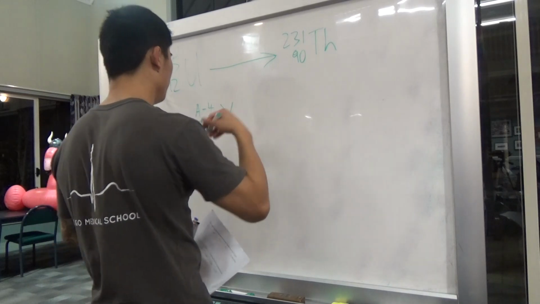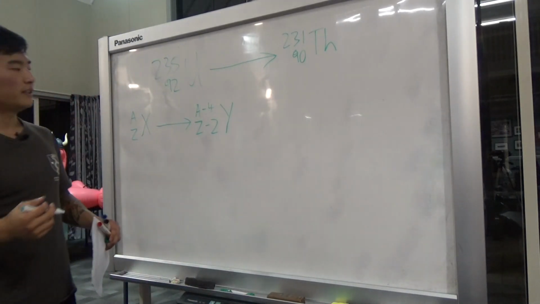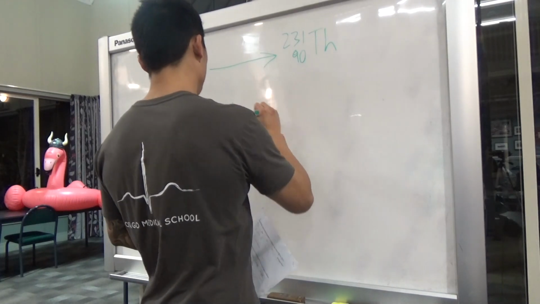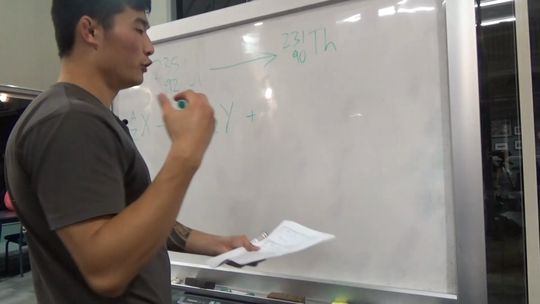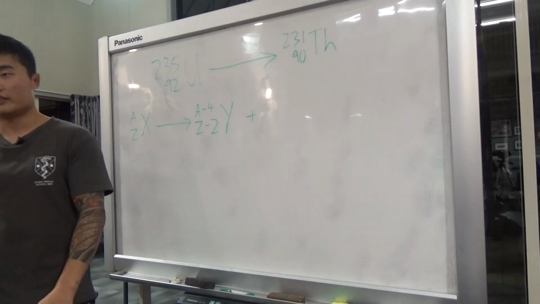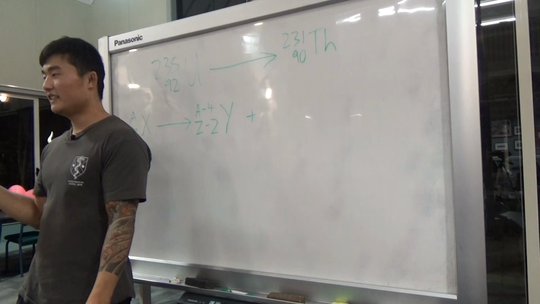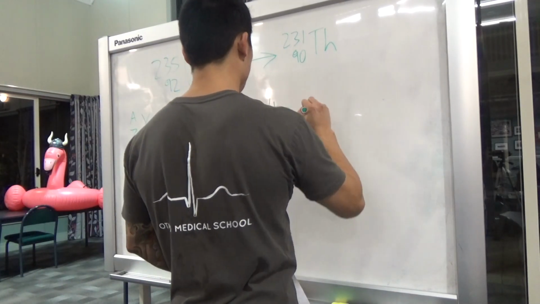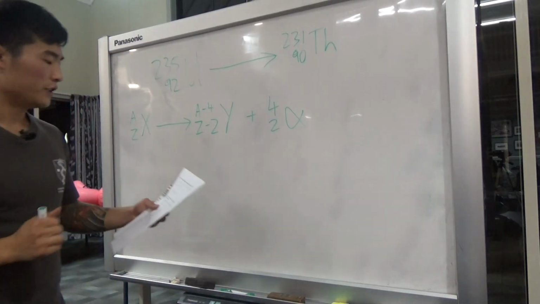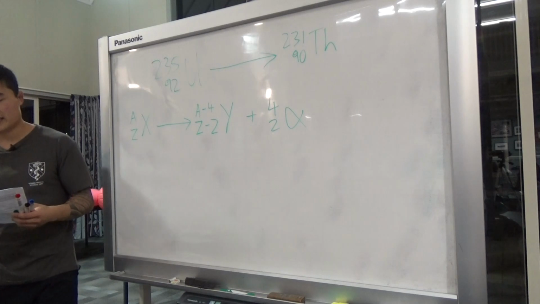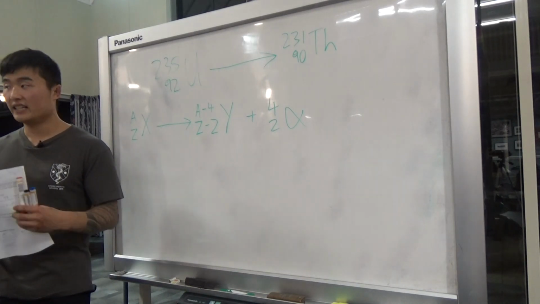So whenever the number of protons changes, that's going to become a new element. And so what that means is that it's lost 4 nucleons, it's lost 2 protons and 2 neutrons. So what's that? Yep, an alpha particle. So it's going to be producing an alpha particle, and that's called alpha decay.